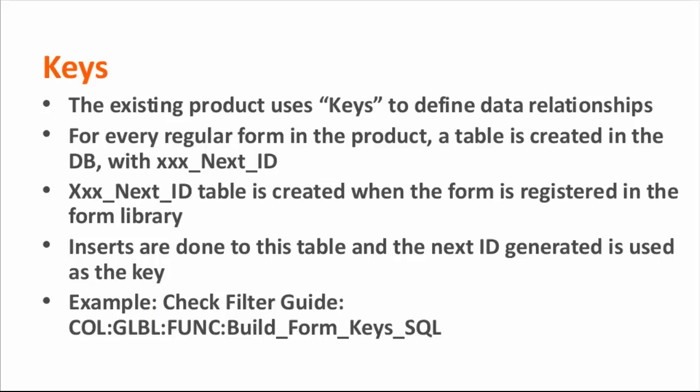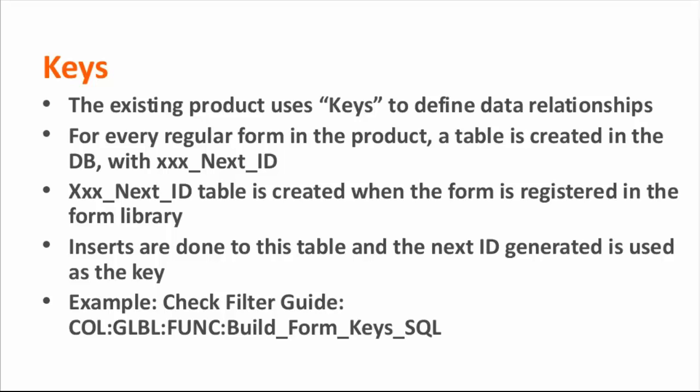One of the key differentiators from the ITSM application, if you are familiar with the application, is that when you are creating an incident or a change, there is a ticket number generator form to which we push an entry and then we get the ID, the next ID. But in this application, the concept is a little bit different. For every new data form that is registered in the call core library, a corresponding table gets created in the database.